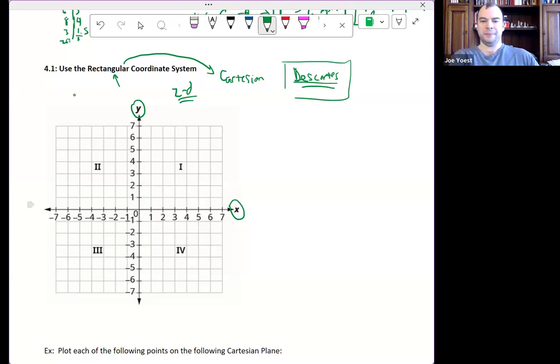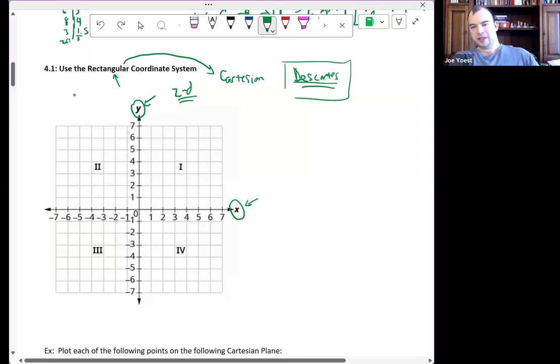Okay, so what is on this plane? Well, we have two variables, x and y, and essentially what we have is two number lines. If I forgot about all of this stuff here and just focus on this bit here, I actually recognize that that's just a number line, right? We start at 0 and we go to the right, 1, 2, 3, 4, to the left, -1, -2, and so on.